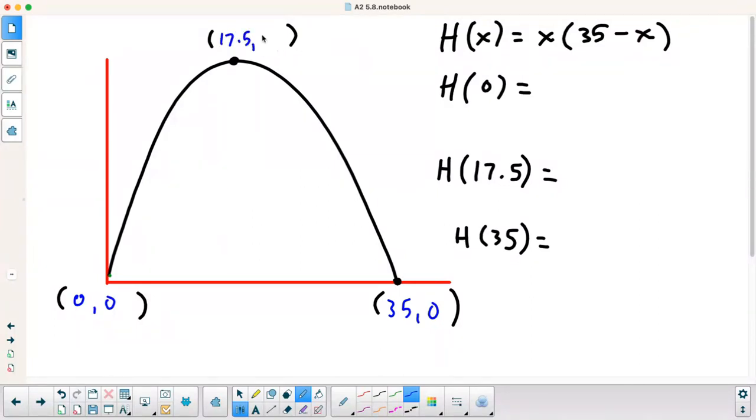And then we'd have to plug it into this function to get the y coordinate. So this would be 0, which I wrote right here.